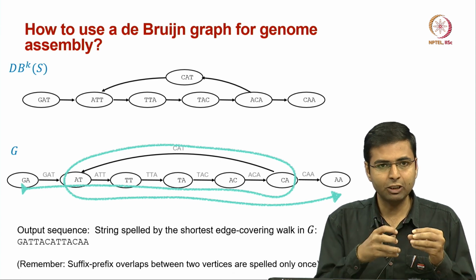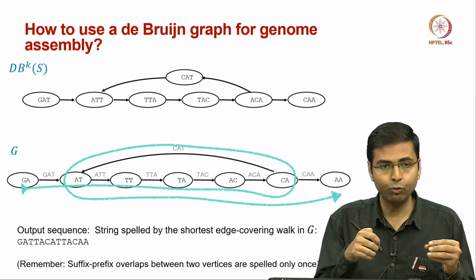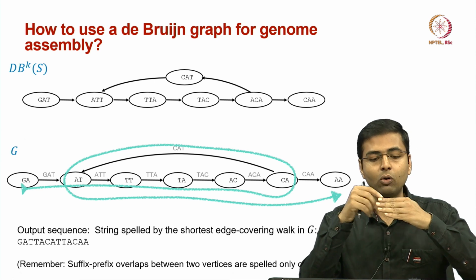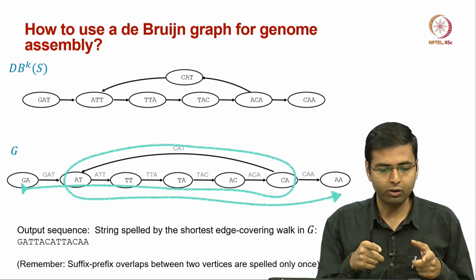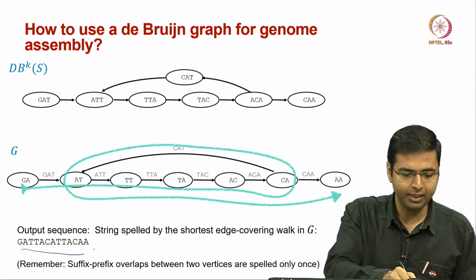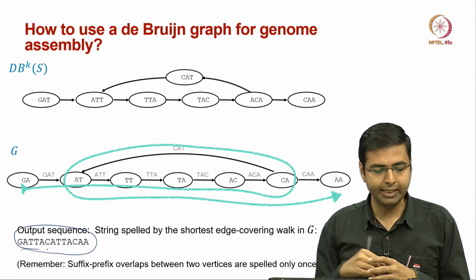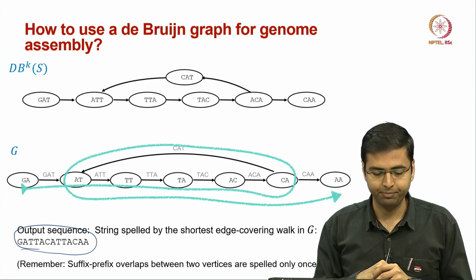And remember that when we are spelling this string, we have to count these suffix prefix overlaps only once. So, for this particular example, the output sequence will be GATT ACA TTA CAA.